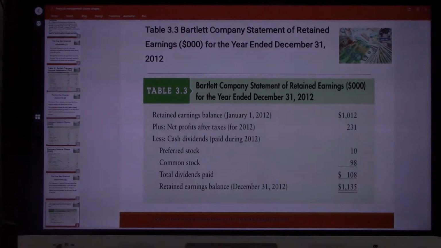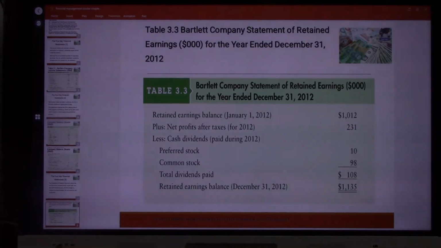In our example, our preferred stock cash dividends are in the amount of 10. Our common stock cash dividends are in the amount of 98.